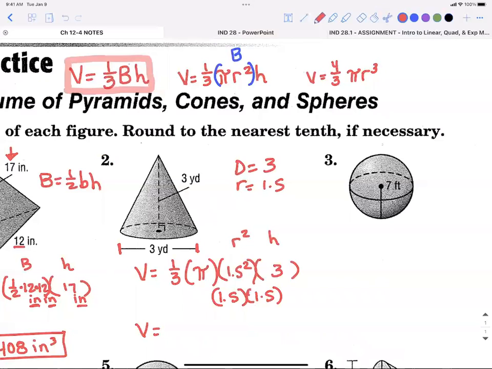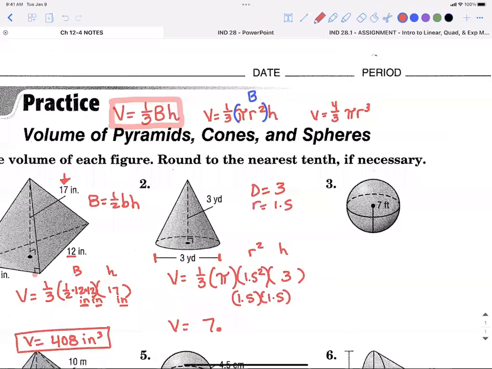Gabby, what'd you get? Times 3, because you have to do times the height, equals 7.6. Okay, so we got a decimal.